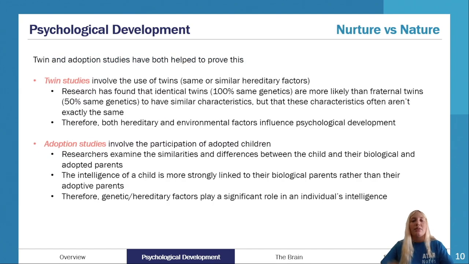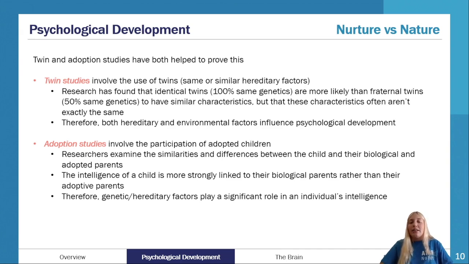Beautiful. Hopefully that makes a lot of sense. But to prove that it was both nurture and nature and that they both have an influence on psychological development, you need to know about twin and adoption studies as per the study design. So twin studies involved the use of twins, which obviously means that when we're looking at nature, they will have the same or similar hereditary factors and qualities because of being twins.